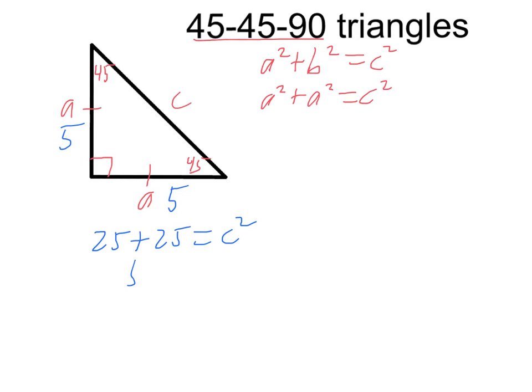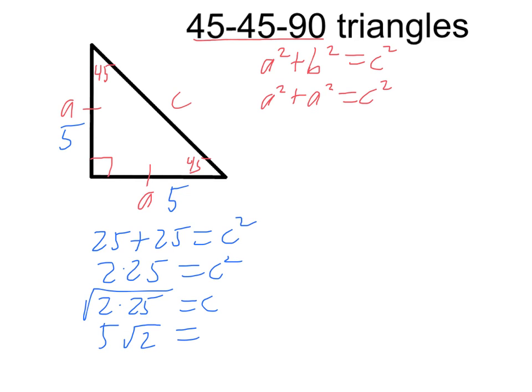So c squared is 2 times 25. And when I take the square root of both sides, what I get is the square root of 2 times 25, but the square root of 25 is just 5. So that becomes 5 rad 2. So when the two legs were 5, the hypotenuse was 5 rad 2.